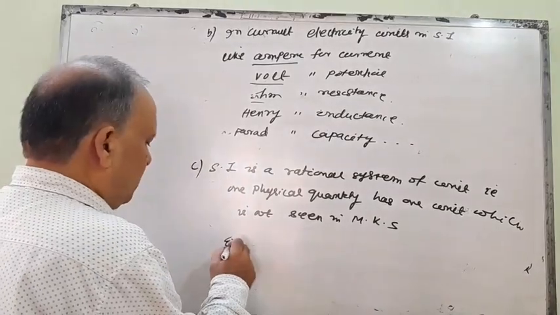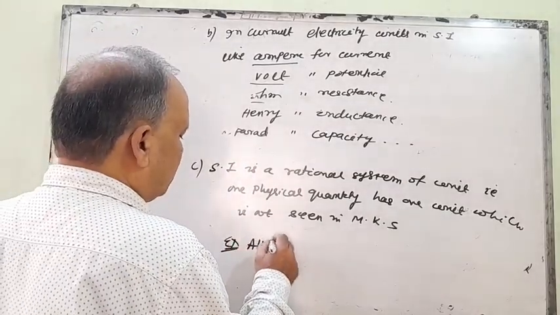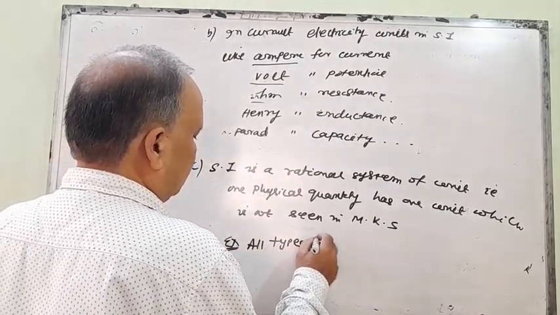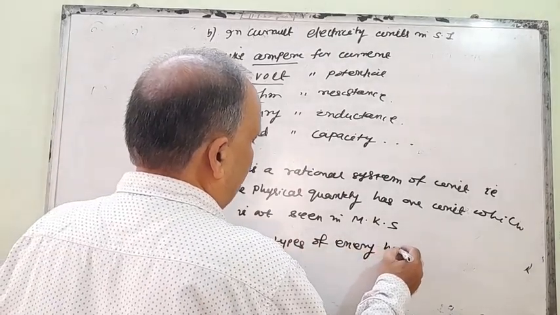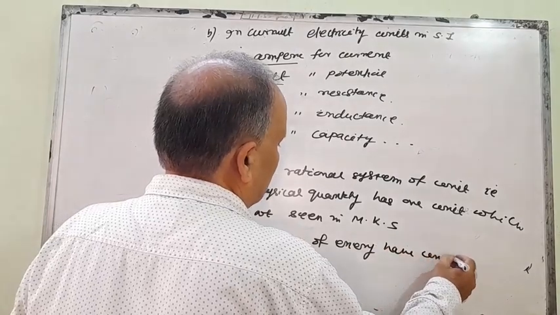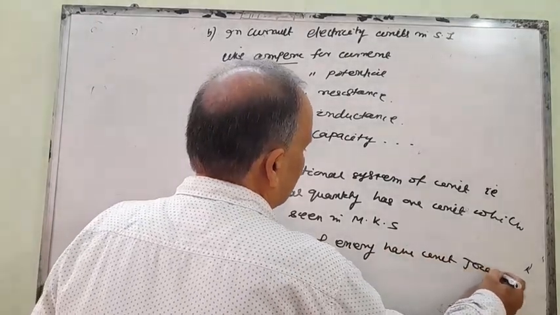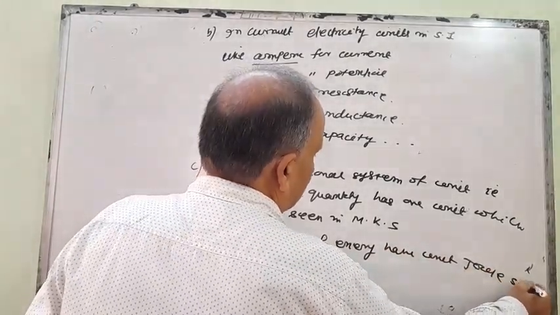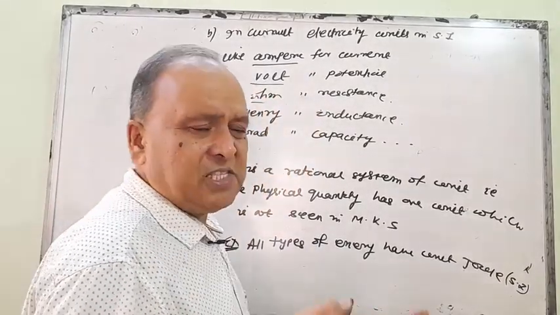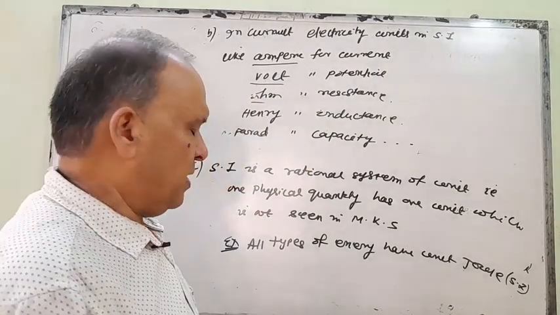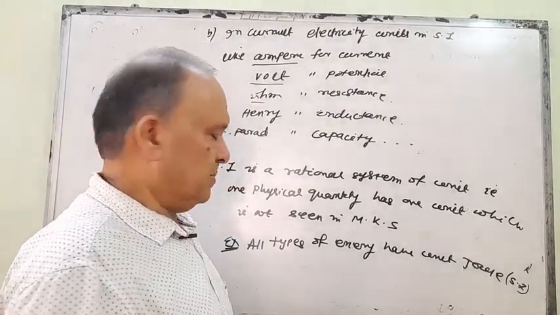For example, all types of energy have the unit joule. This is SI. This is rationalized. Energy means it may be mechanical energy, it may be electrical energy, it may be heat energy, like this.